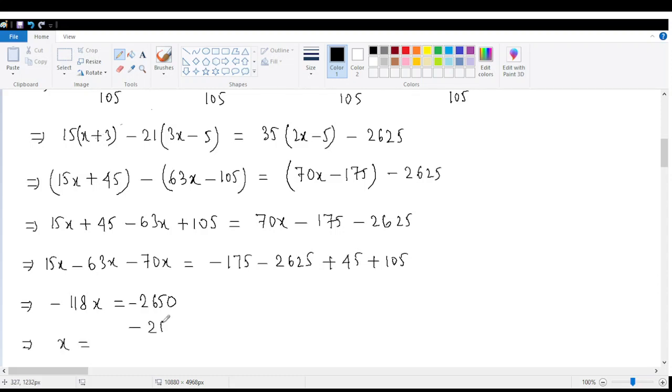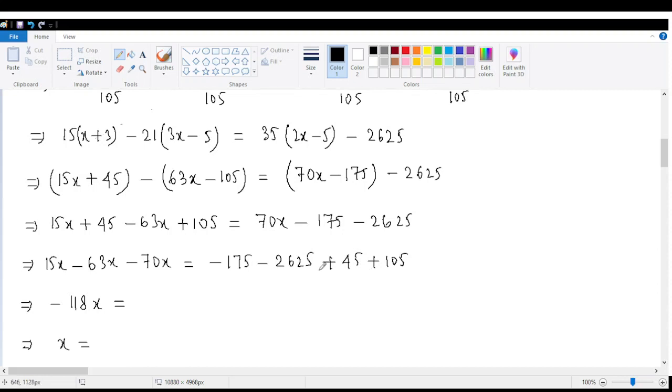Negative 2650 divided by negative 118, and whenever there is a negative on numerator and denominator, it can be cancelled. Again, rules of division, you have to just go over them if you are not understanding here. So next is 2650 divided by 118, and the answer, well, I guess I have made some mistake. Please excuse me for just 1 second.